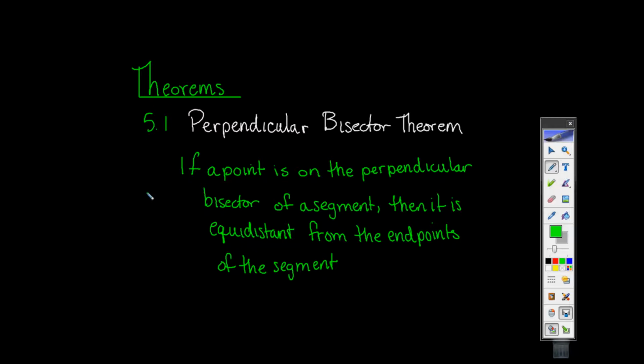So what it says is that if you have a point that is on the perpendicular bisector of a segment, then it's equidistant from the endpoints of that segment.